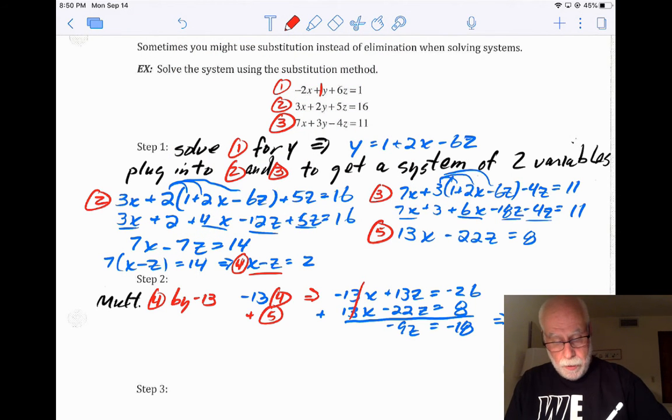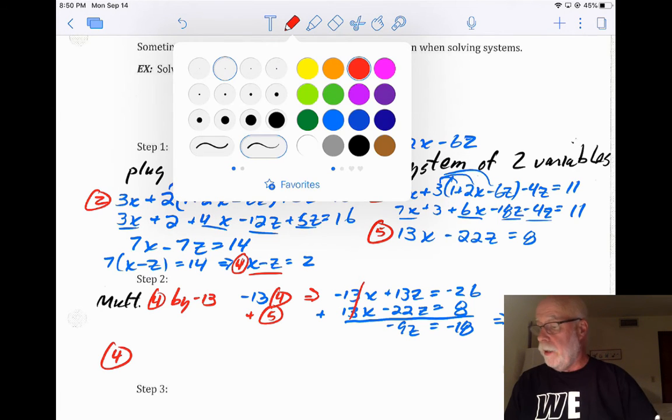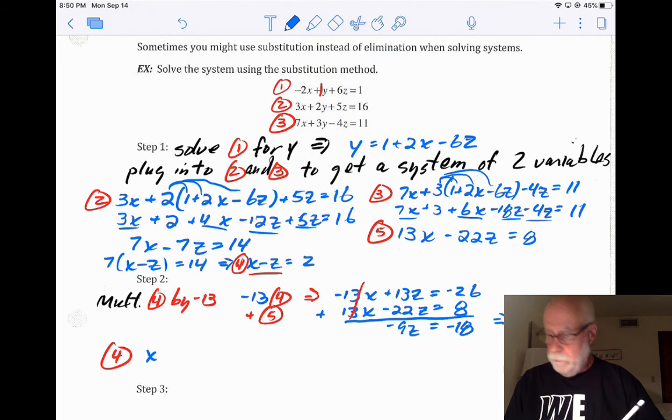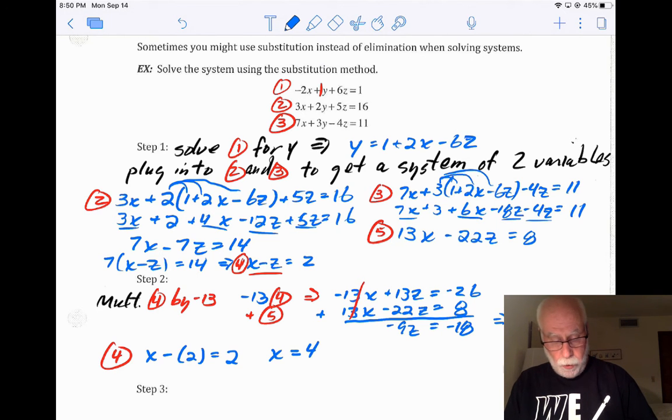I chose 4 because it was the easier of the two. So I'll get that x minus, we just said that z was 2, is equal to 2, so x is equal to 4.